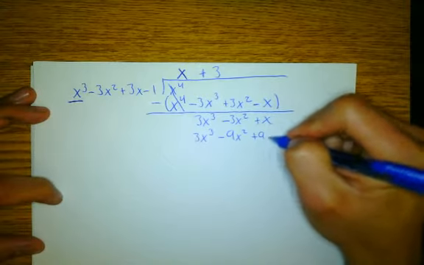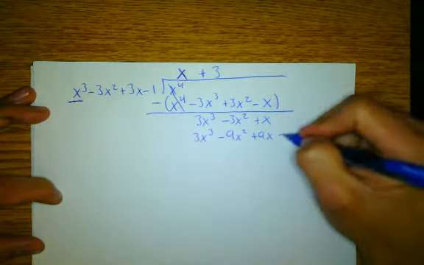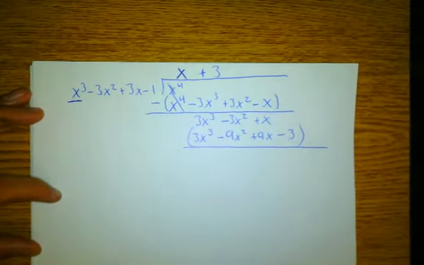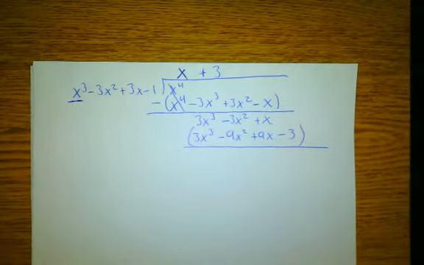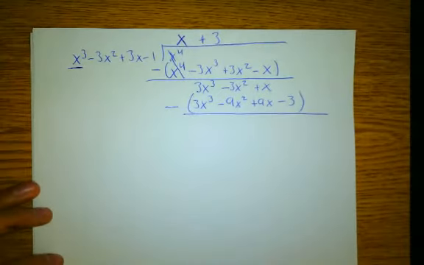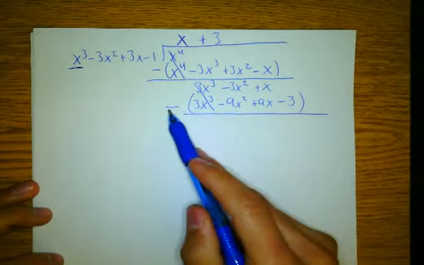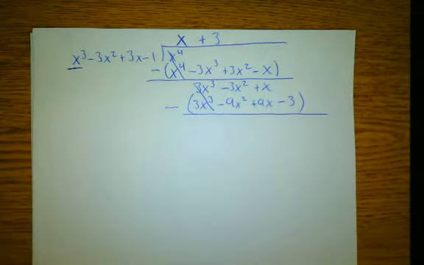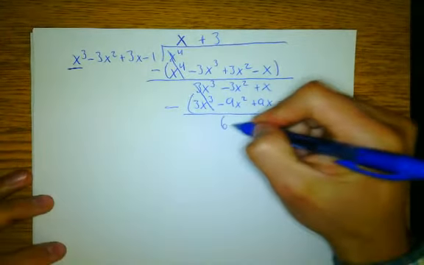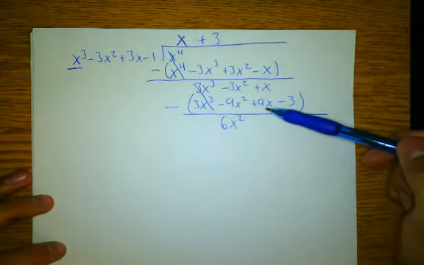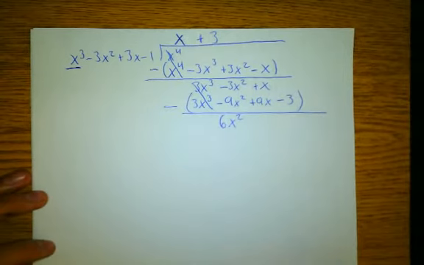Agreed? This goes away. What's negative 3x squared minus negative 9x squared? Positive 6x squared. Positive x minus 9x, negative 8x. And 0 minus negative 3 is positive 3. Agreed?